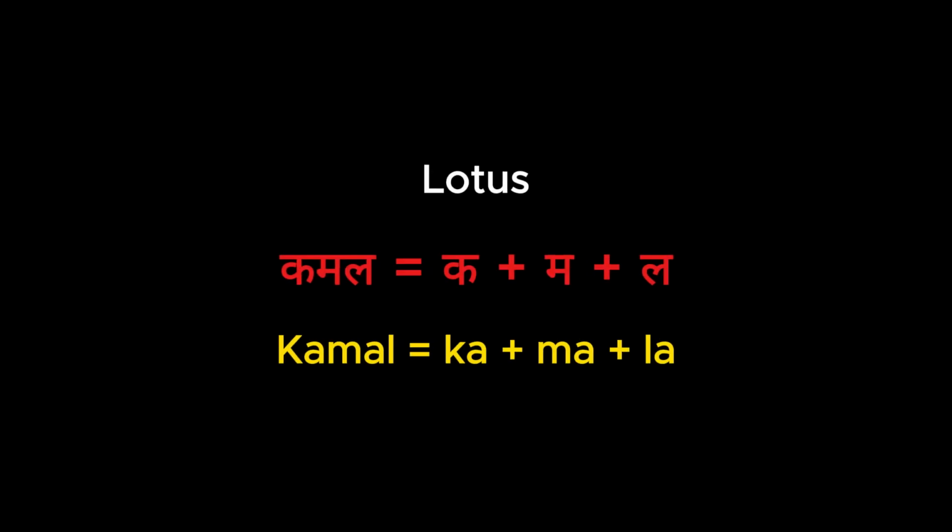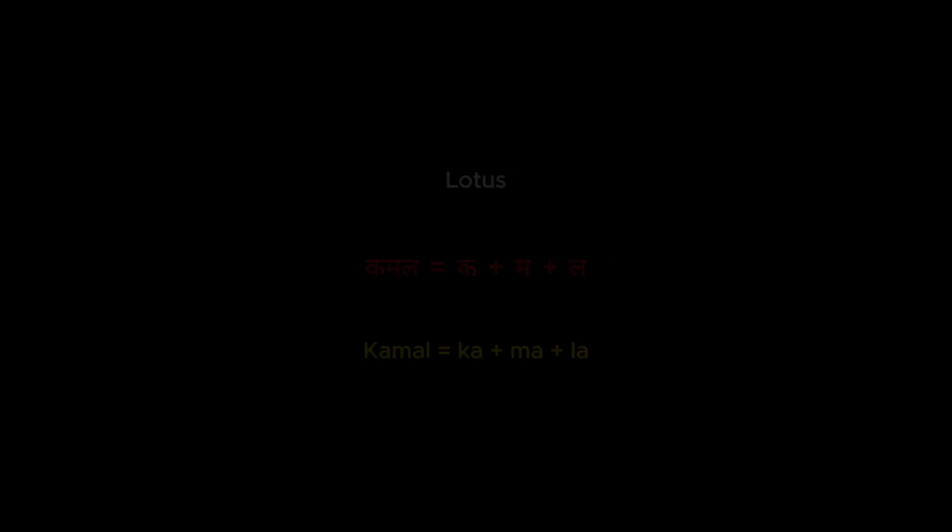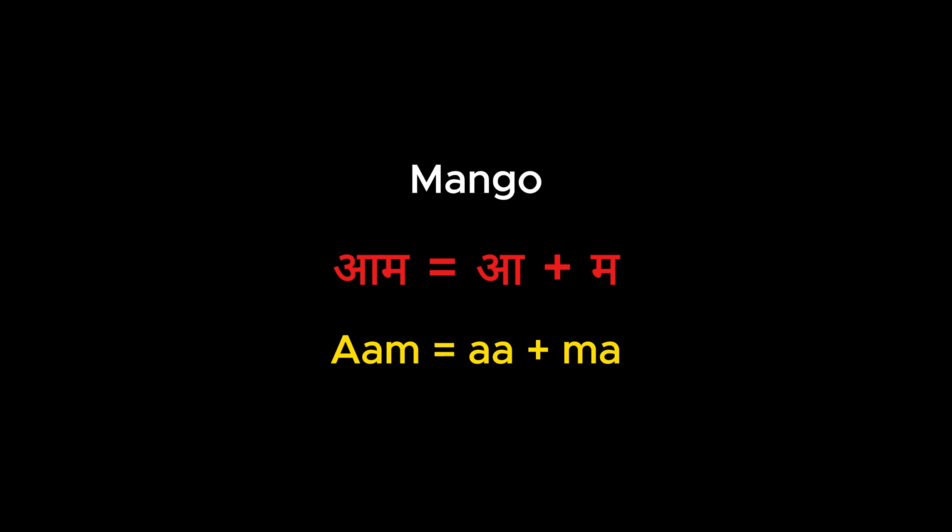Now let's practice forming some words from what we learned. We will break words down into letters. For example, kamal. Here, ka plus ma plus la. It becomes kamal. Next is am.